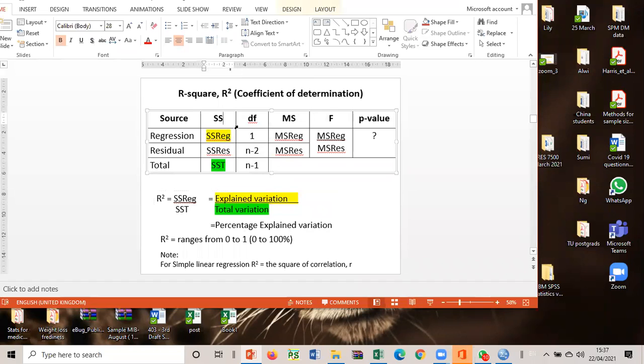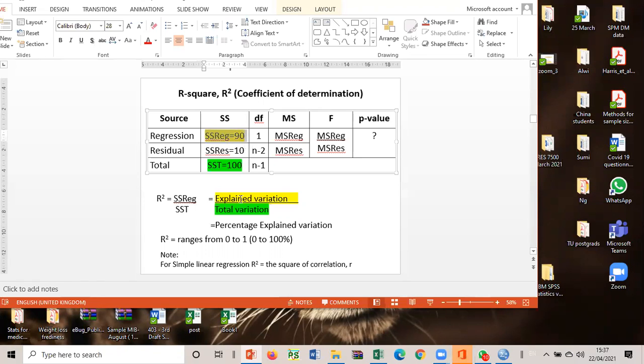If regression is 100, and this is 10, then what's the R square? 90%. This must be 90, right?